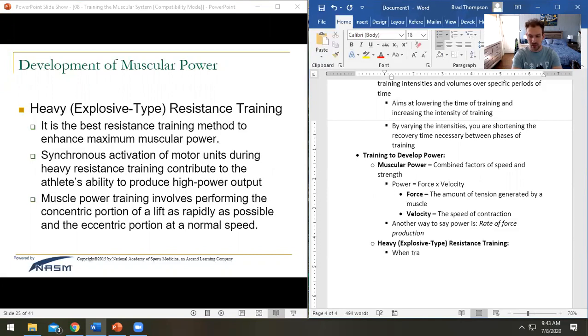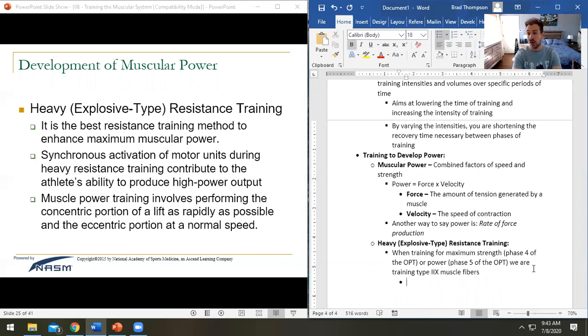When training for maximum strength, which is phase 4 of the OPT, or power, which is phase 5 of the OPT, when you're training for both of those, we are looking for three main physiologic adaptations, right? We are training type 2X muscle fibers.